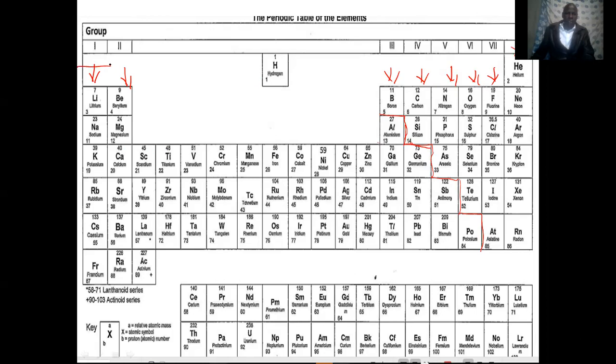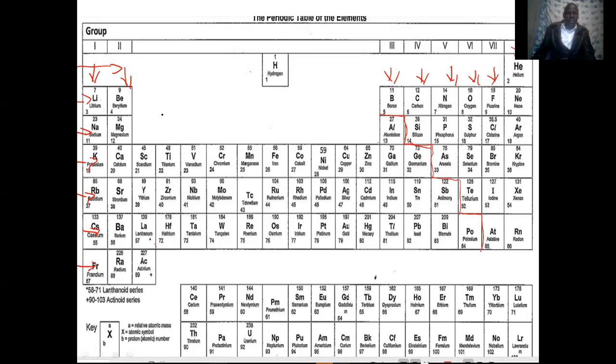These horizontal rows, starting with this one where there's helium and hydrogen, there are 7 of them. The first one has only 2 elements. 1, 2, 3, 4, 5, 6, 7. The last 2 here, which are detached, belong to group 6 and 7. And so we have 7 periods and 8 groups.